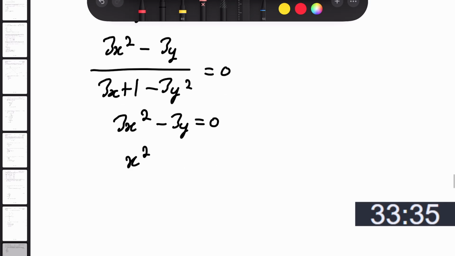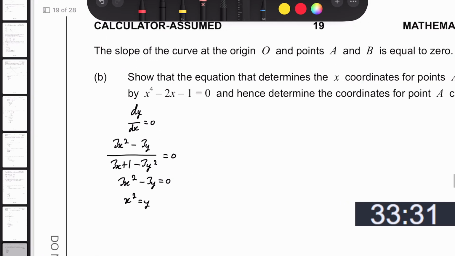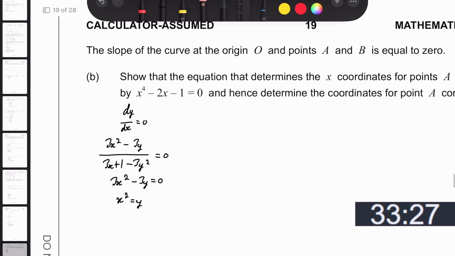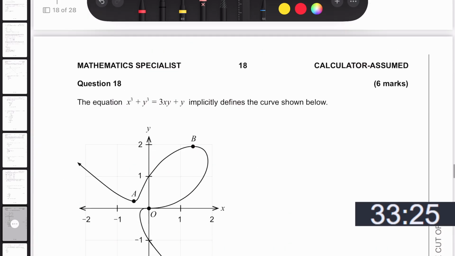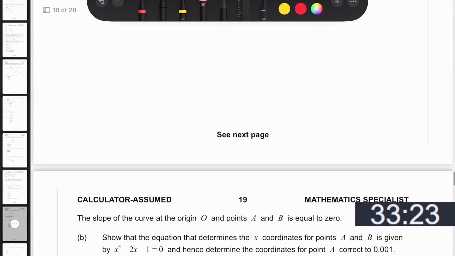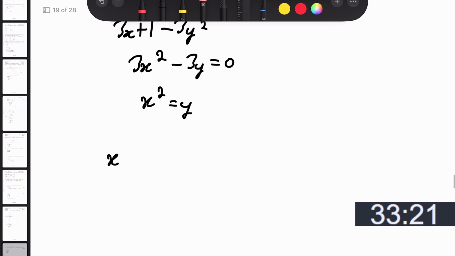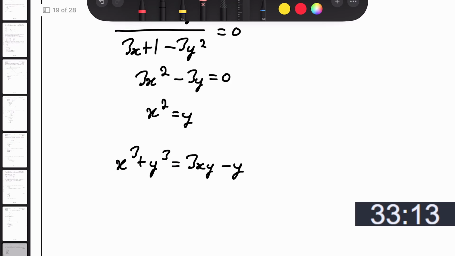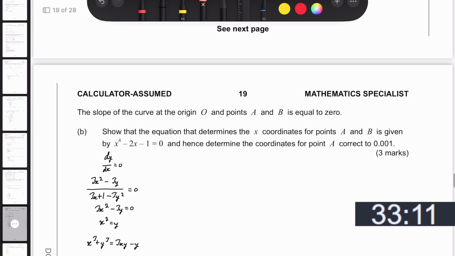So then x² equals y. I'm going to sub it back into this equation: x³ + y³ = 3xy + y.